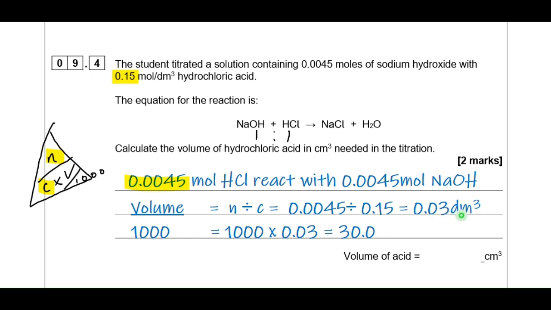And that equals 0.03 decimeters cubed. And the volume must be in centimeters cubed, so we multiply that by 1000. 1000 times 0.03 gives 30.0 centimeters cubed. 1 mark for working out the moles of hydrochloric acid needed, and 1 mark for your NCV, giving you your 30. 2 marks. That was a toughie.